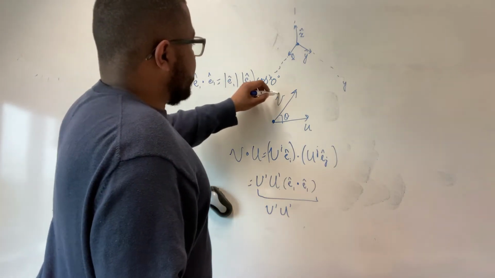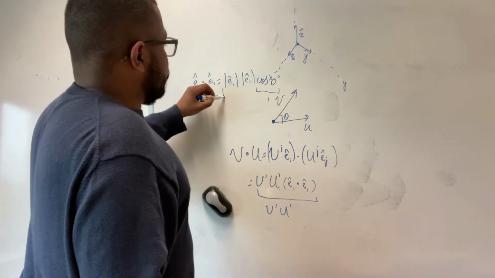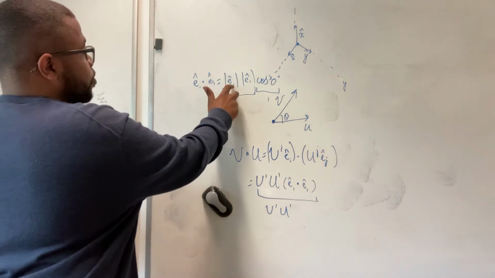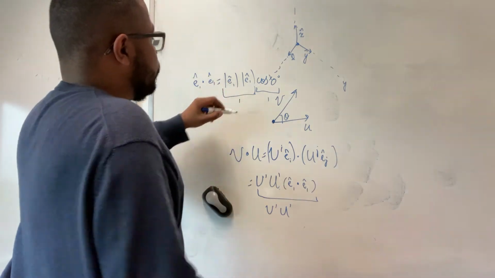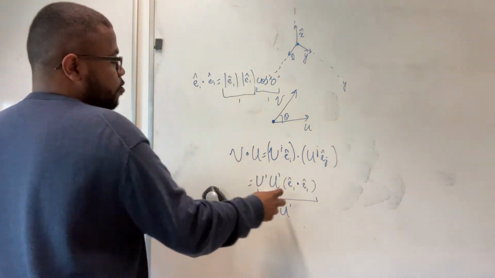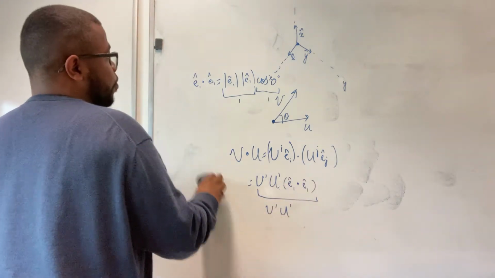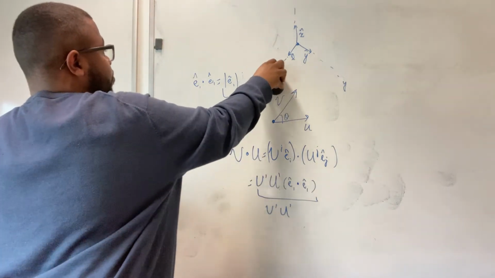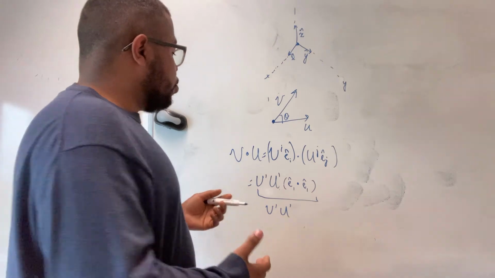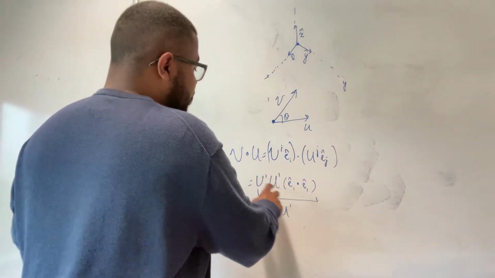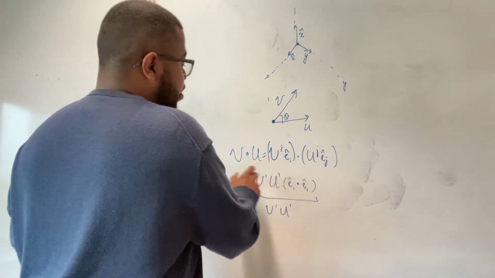Cosine of 0 is just 1, and 1 times 1 is just 1, so we know that this term is just 1 right here. So I will erase this. For this reason, we know that this will just be the same as V1 U1.